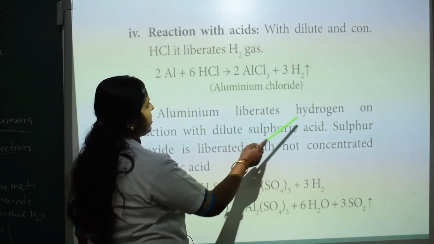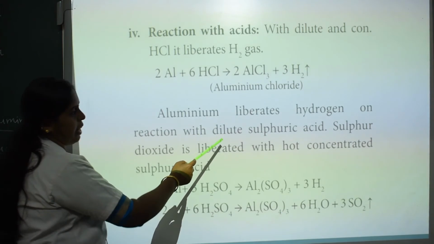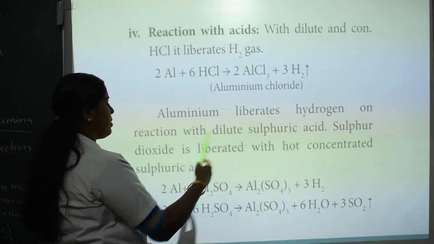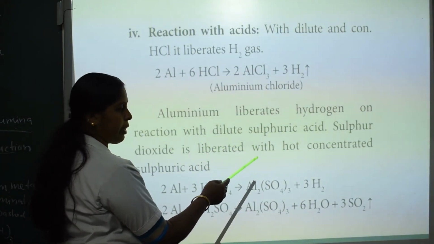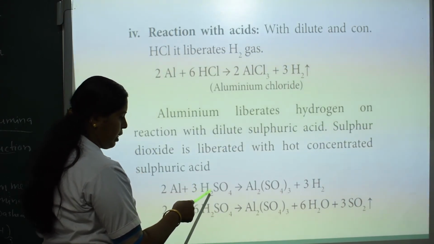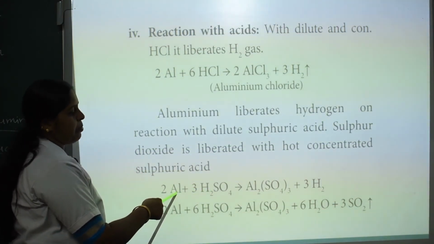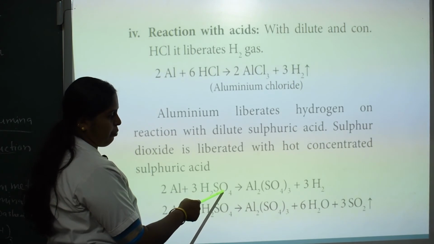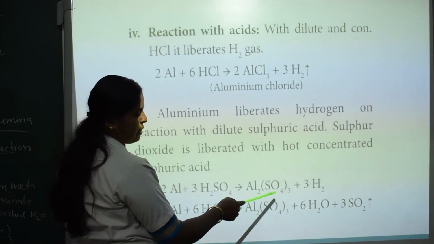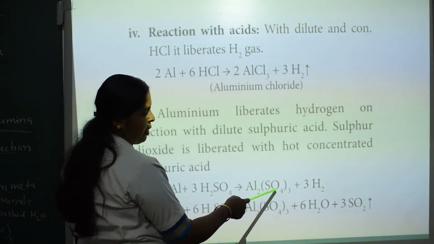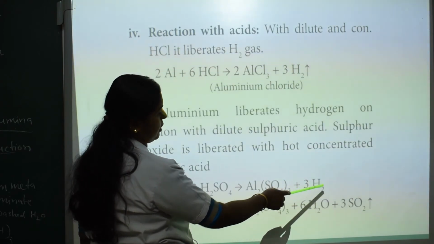Aluminum liberates hydrogen on reaction with dilute sulfuric acid. Sulfur dioxide is forming with concentrated acid. With dilute acid, aluminum reacts with dilute sulfuric acid to form aluminum sulfate, Al2(SO4)3, plus hydrogen gas.